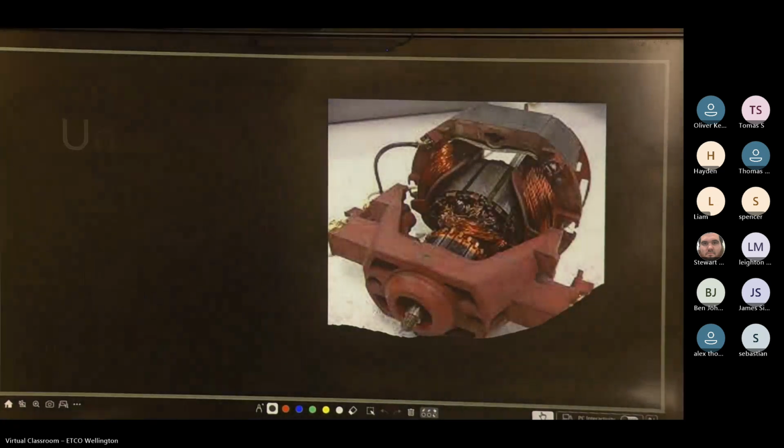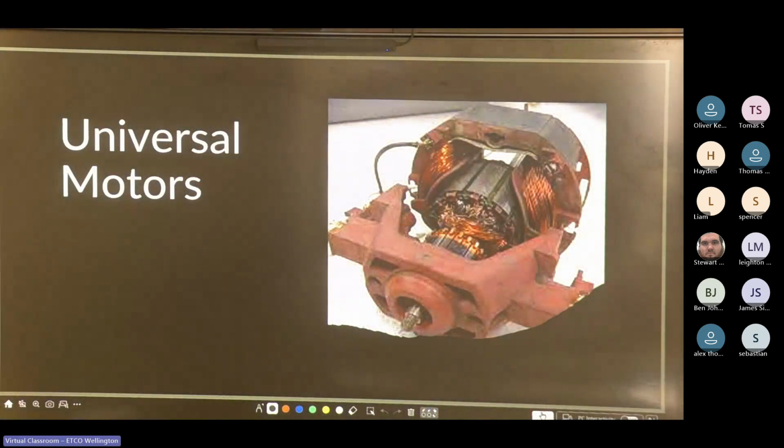Oh, cool. So we had a look at alternators. Now we're going to talk about the universal motor. So just going off the name, why do you think it's called a universal motor?